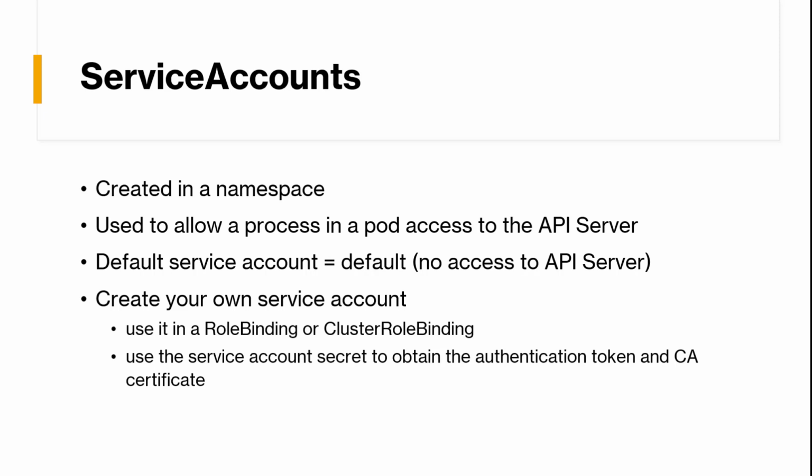The service account can then be used to obtain an authentication token and a CA certificate to connect and authenticate to the Kubernetes API server. Now, you're probably thinking, how does that work? Well, automatically your service account gets a Kubernetes secret as well, and the secret contains this information. But that will become more clear when we start working with it on the cluster.